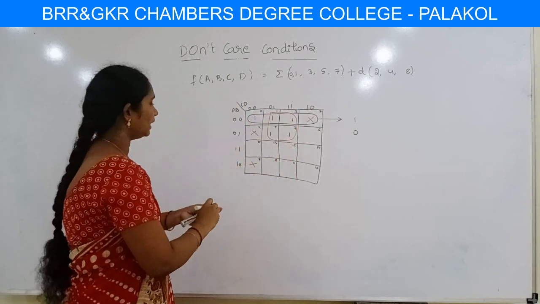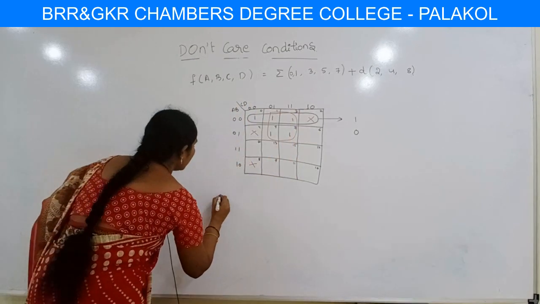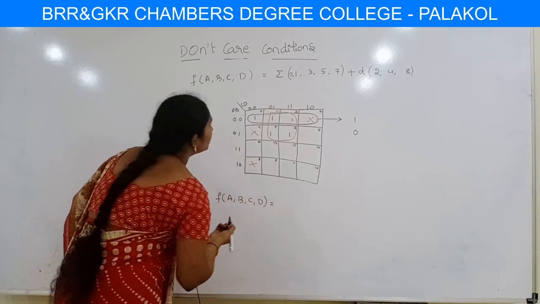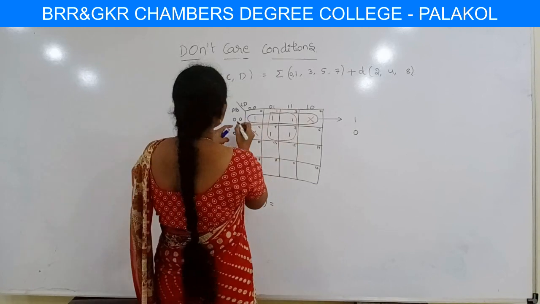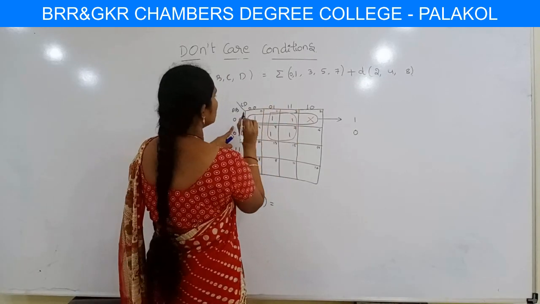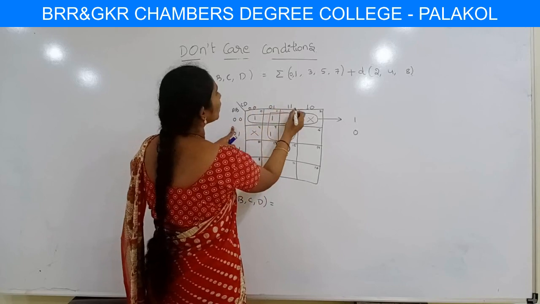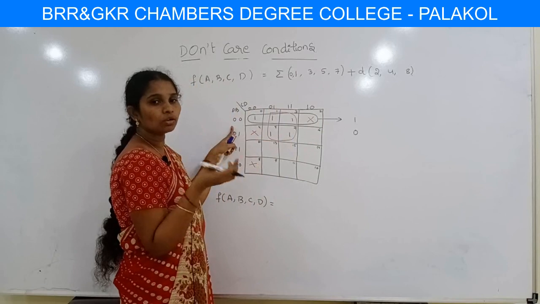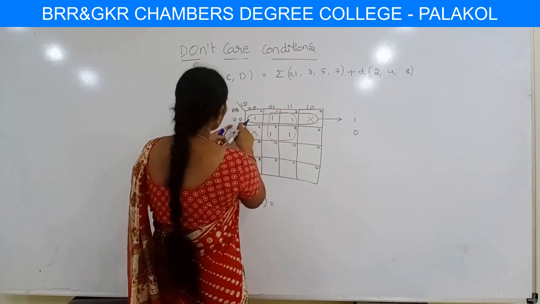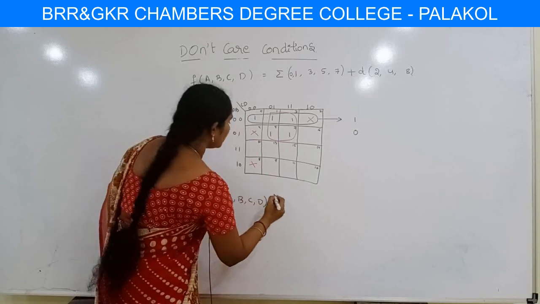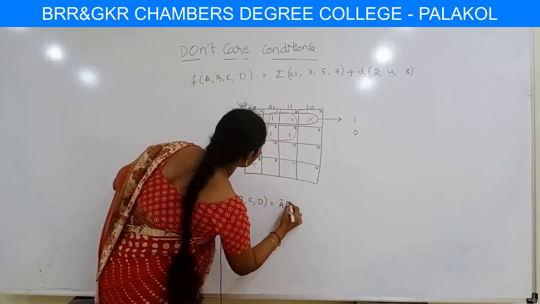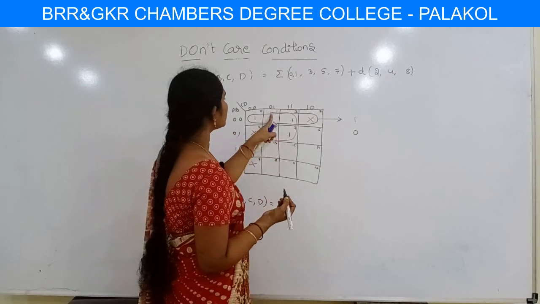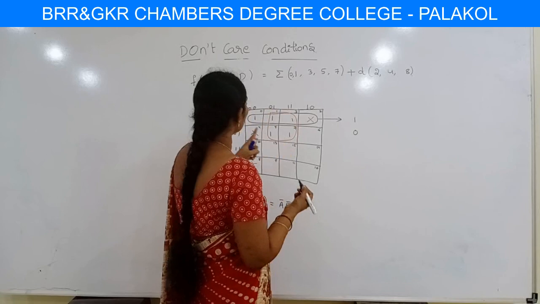Now I will write the expression for this question: f(a,b,c,d) equals, for this expression, these all are the variables. That means one is 0 0, 0 1, 1 1, 1 0. That means these vary. So what are the constant terms? Those terms we will consider only. So 0 0 is nothing but a bar b bar. Okay, so this is loop number 1. And the next loop is also a loop.